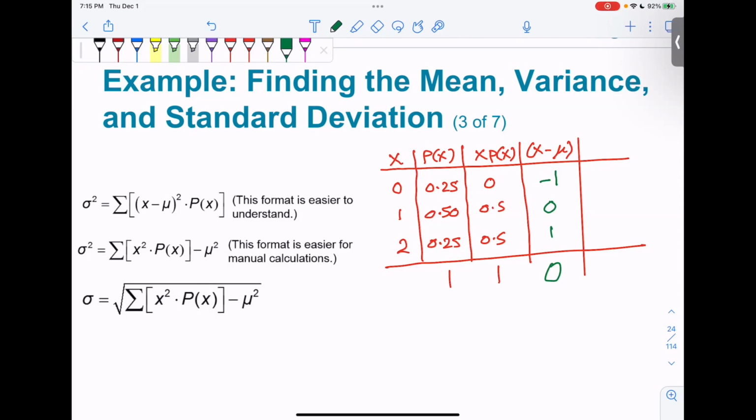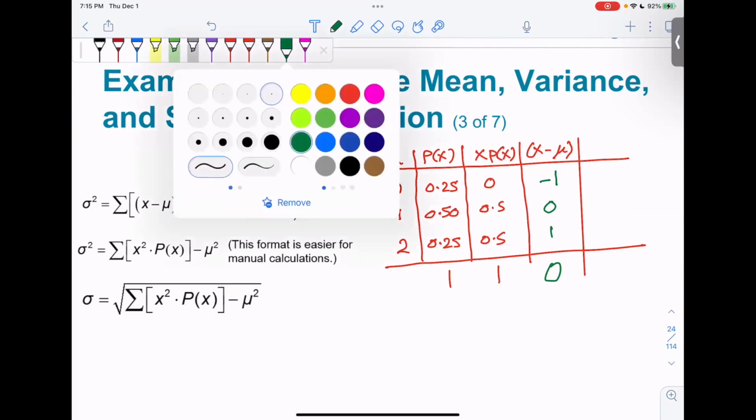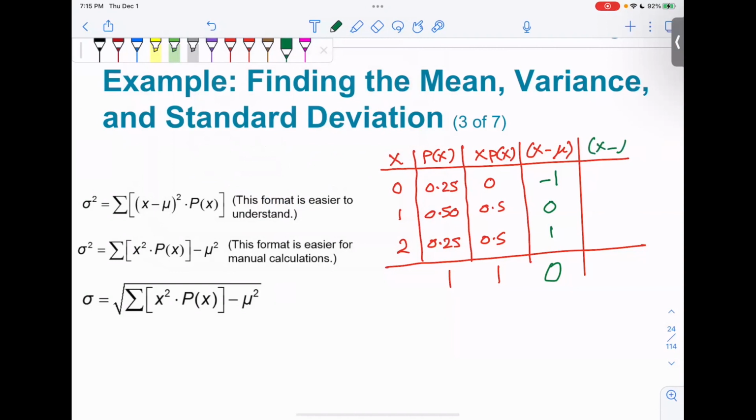So we square those values. It will be (x minus mu) squared: the first one is 1, then 0, 1. Just those values.